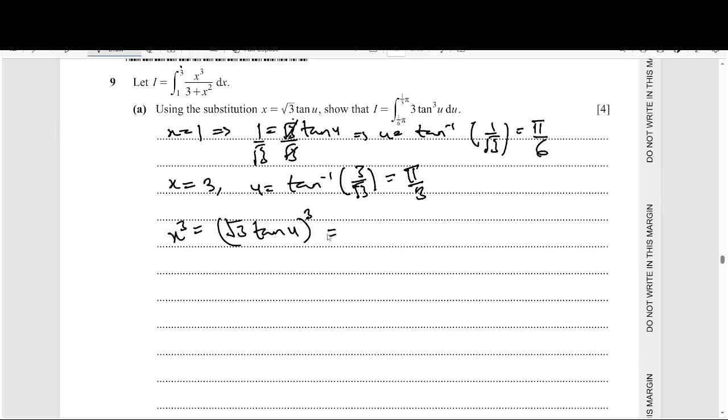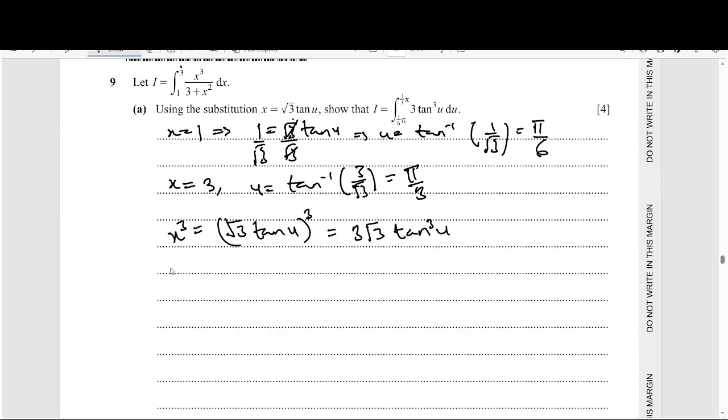That gives us root of 3 exponent 3, and then times tan u all exponent 3, right? So root of 3 exponent 3 is going to be 3 root 3, and then tan cube u. That's the first part.